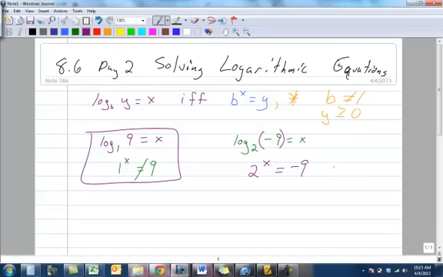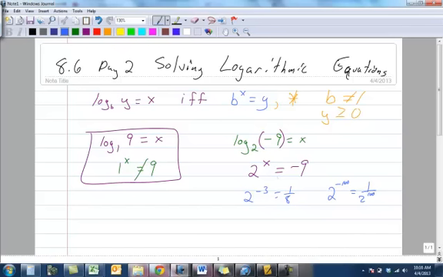Well, if we were to graph that, or even just think about 2 to the second, that's 4. If we go higher and higher, it's only going to be bigger and bigger, right? So it's going to be a negative maybe, right? 2 to the negative third is 1 divided by 8. 2 to the negative 100th is 1 divided by 2 to the 100th power, which is still positive, right?